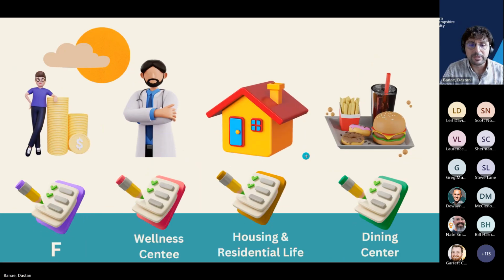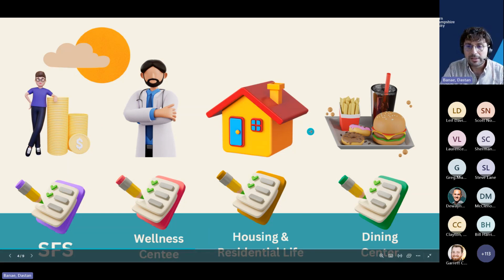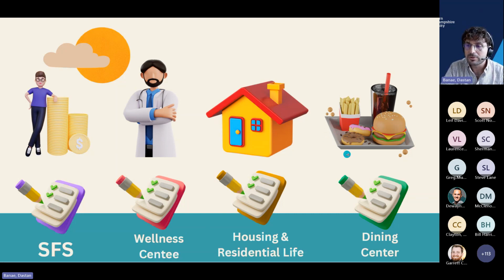This differs from one organization to another, but for us, the departments that gather requirements from the student are student financial services, the wellness center, housing, and also the dining center. We have not included the dining center this year in the app. We only have SFS, the wellness center, and housing in the app for this year, and we will be adding the dining requirements next year.